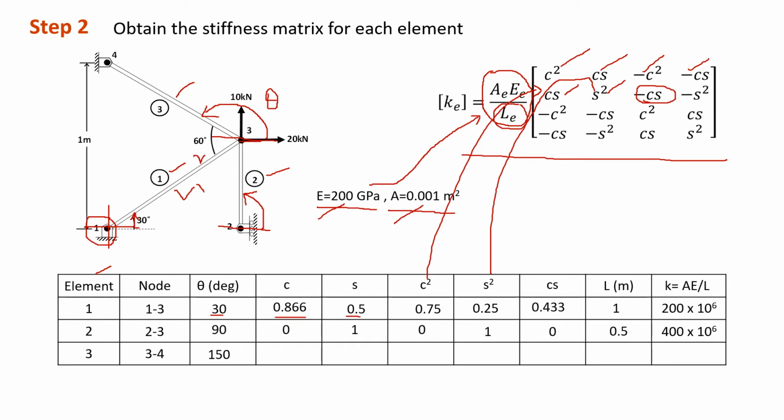If you define for element 2, you will get all these values, and for element 3 you will get almost similar values to element 1, only different in terms of cos theta as well as the cs value. It depends on theta.